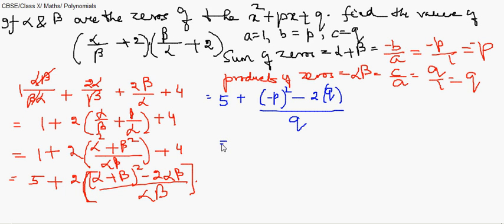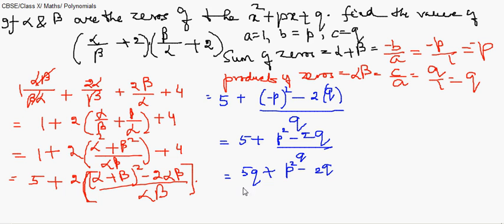So it is 5 plus 2 times p square minus 2q by q. Let me take LCM and continue.